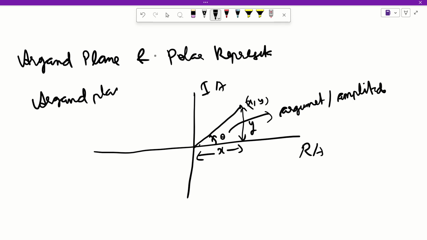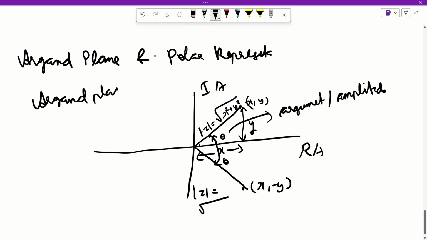So what is this mod z? Mod z is this one as per the hypotenuse theorem, which is equal to root of x square plus y square. Similarly, if we have x minus iy, the point will be somewhere around here, x comma minus y. Similarly, the argument theta will be like this. In this case also the modulus remains the same, that is mod z is equal to root of x square plus y square.